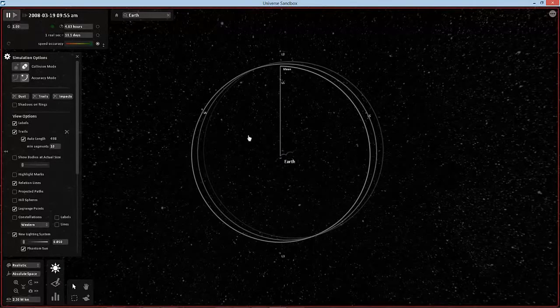But as far as things go, it's important to note what Lagrange points are. Lagrange points are very stable points to put things and to keep things at any given time. As you may notice, these points do move along with the orbit. And why is that important?